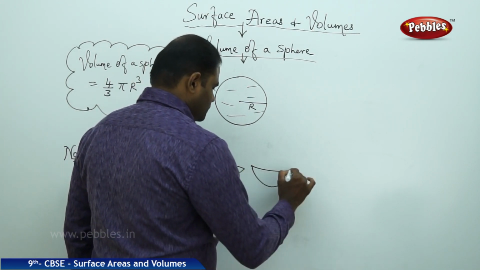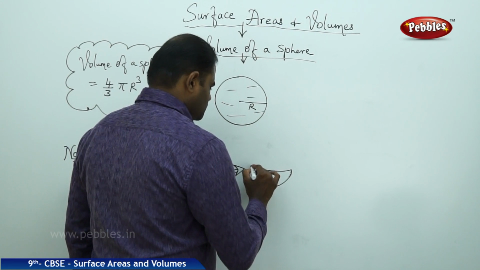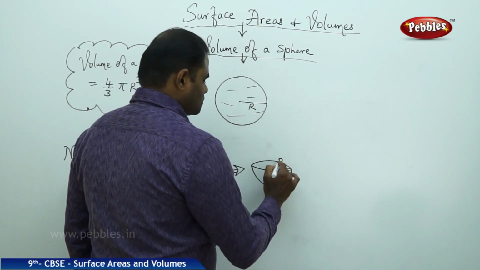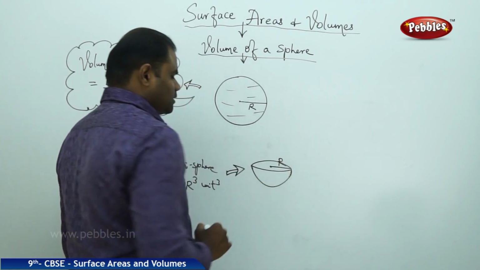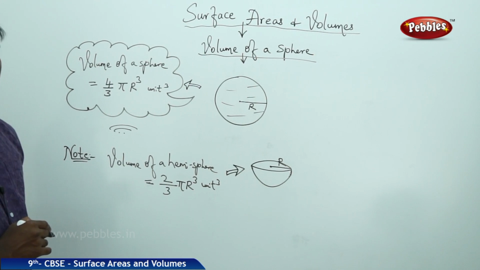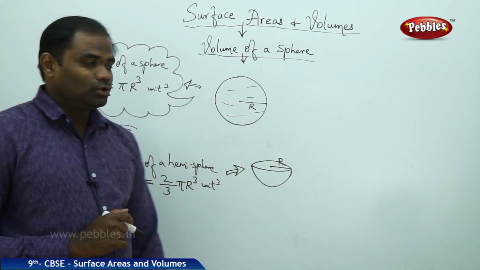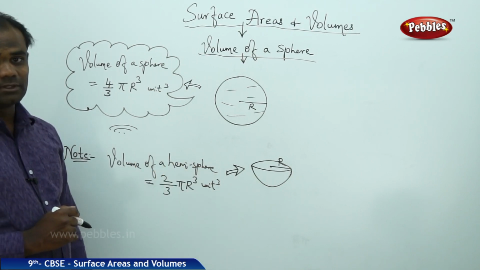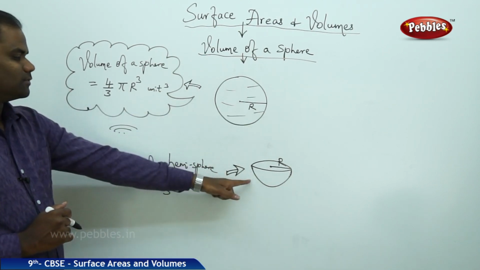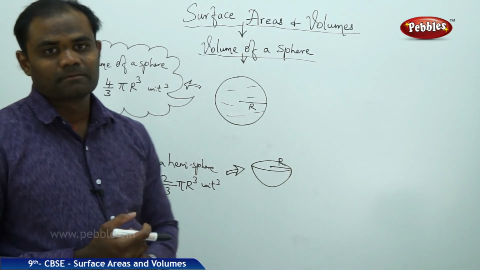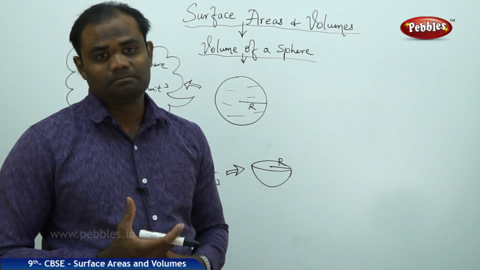So we have this to be, this is the radius and this is the hemisphere, which has 2/3 pi r cube unit cube. Volume of a sphere is 4/3 pi r cube. Volume of a hemisphere, which is exactly half of the sphere, is 2/3 pi r cube unit cube, where r is the radius of the sphere.